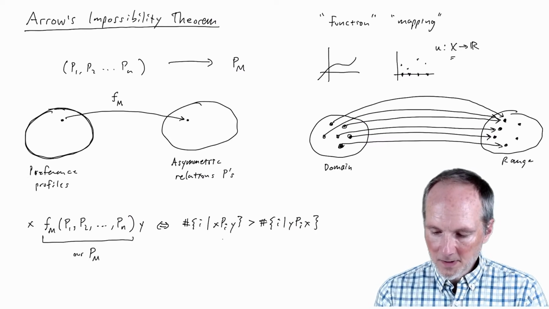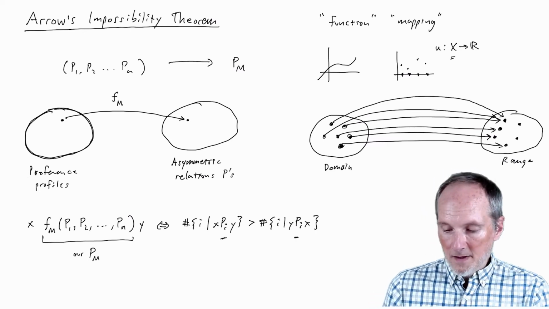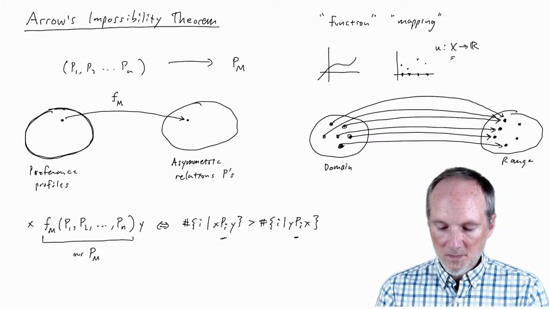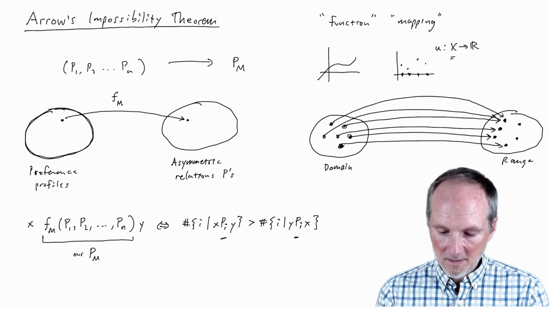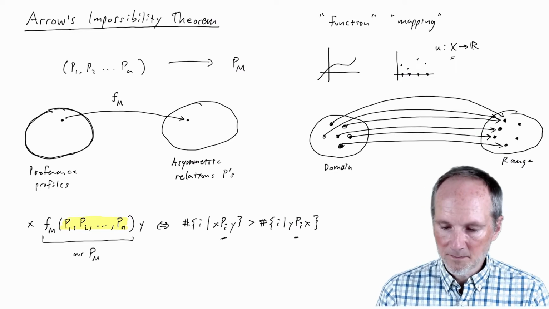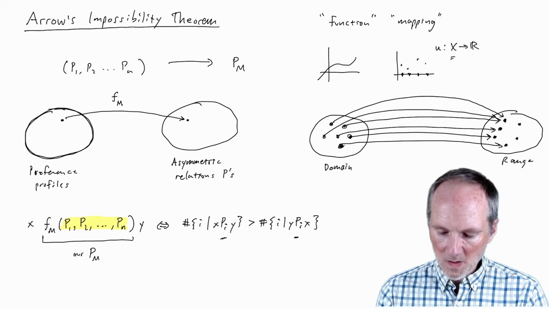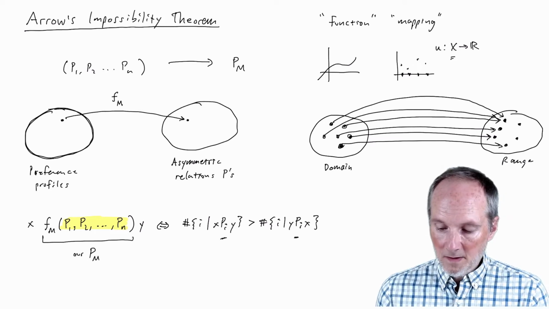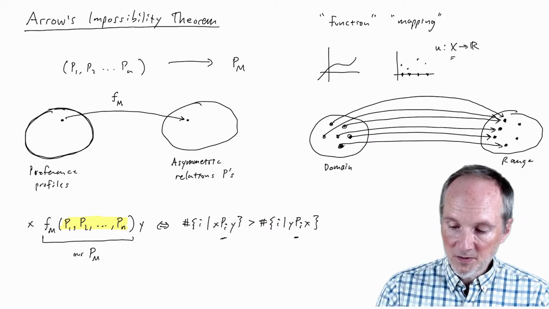You can see how this inequality here depends on the preferences of these individuals, and that's reflected in the argument of this majority preference function. Okay. So this is our formal definition of the majority preference function.